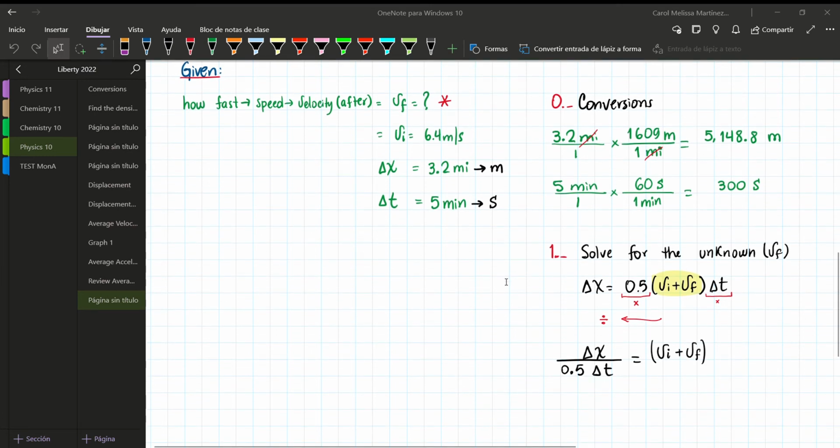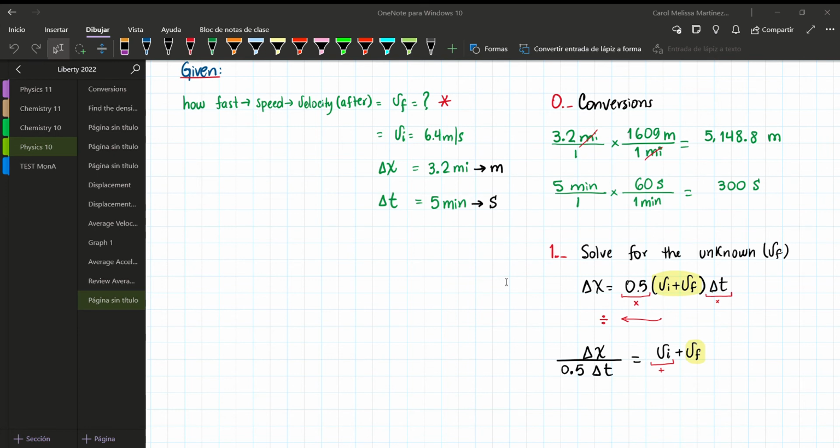I have displacement, I have time, and I have initial velocity. All I need to do is to isolate. Now, I don't need my parentheses anymore, so I'm going to get rid of them. So my expression looks like this now. I still need to get rid of the initial velocity to isolate final velocity. In here, my initial velocity is doing an addition, adding to final velocity.